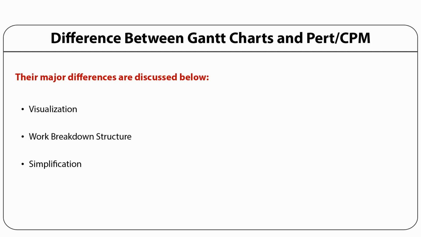They are rather simple and PERT CPM is a little complex. And lastly, the major difference is accuracy. Gantt charts are simpler to read, but PERT CPM charts add an element of detail to project scheduling through both the network model's ability to display dependency and PERT CPM's unique ability to anticipate the actual time that a task will take to complete. So these are the four major differences between the Gantt chart and the PERT CPM chart.